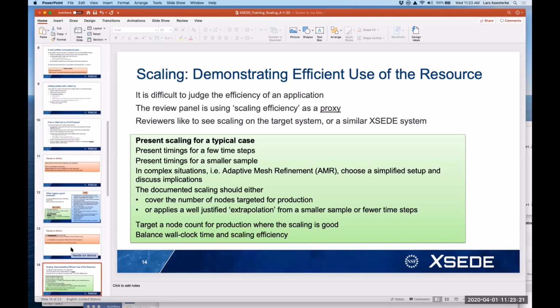And now you say, hey, now I extrapolate from my code that I'm showing with my smaller sample scales well to 128 nodes. Now I made my sample size 8 times larger, or my resolution 8 times larger. So I expect I get the same scaling on 8 times as many nodes, and then you extrapolate your compute time and your request from there.